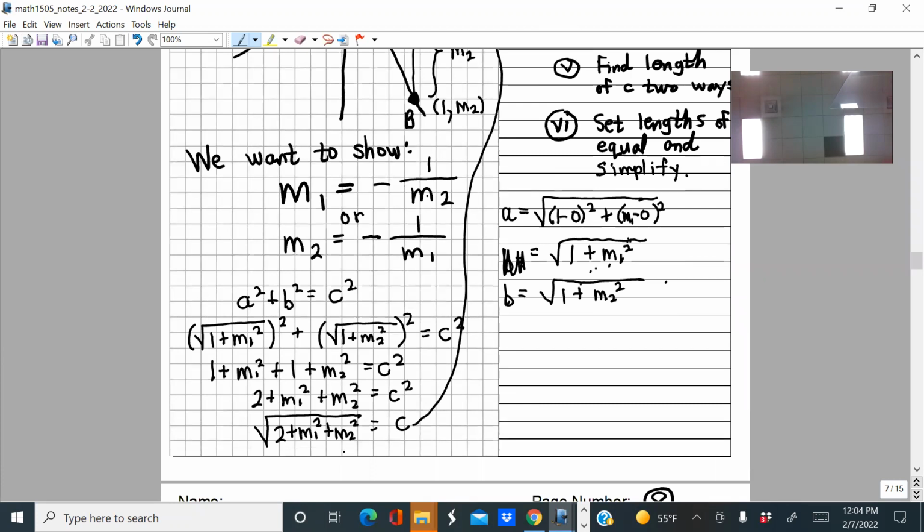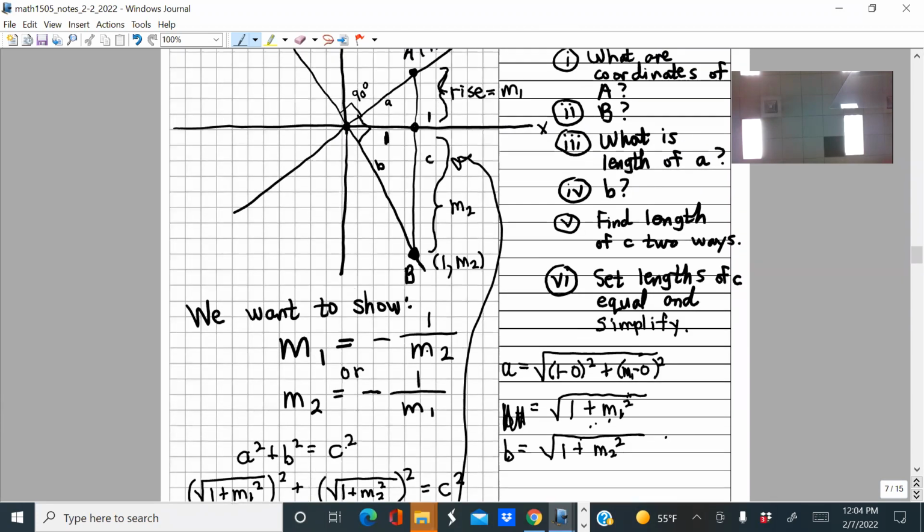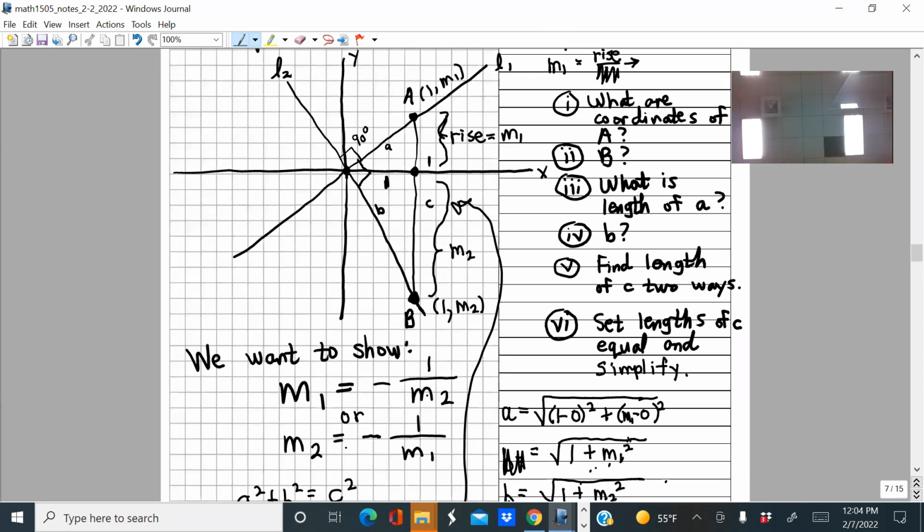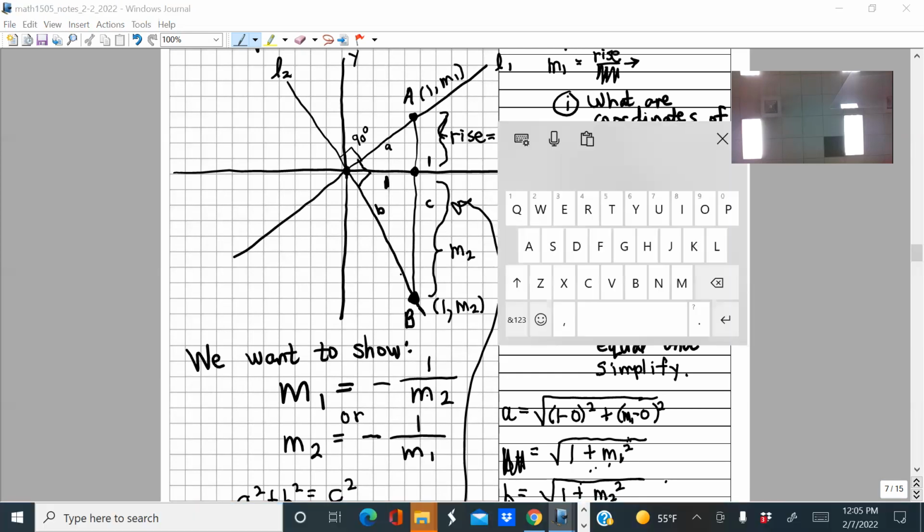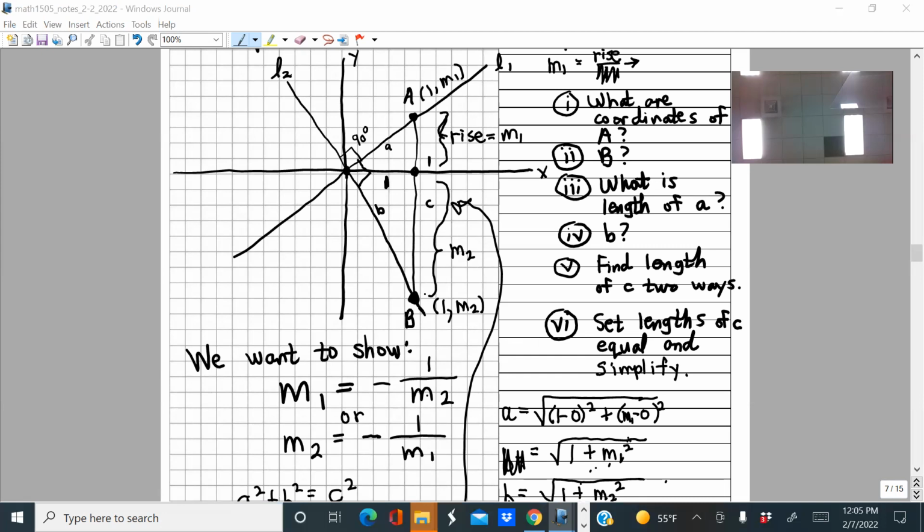Now, however, here's what I claim. Man, we did too much work. To calculate the length of C, we used the Pythagorean theorem with the A and the B. But why do you need the Pythagorean theorem? Because this is a vertical distance, the vertical distance from this point to this point.